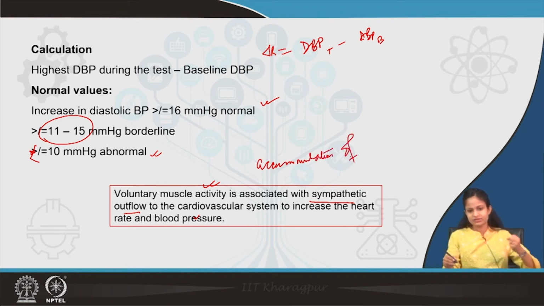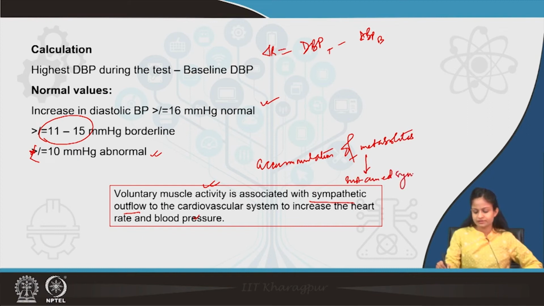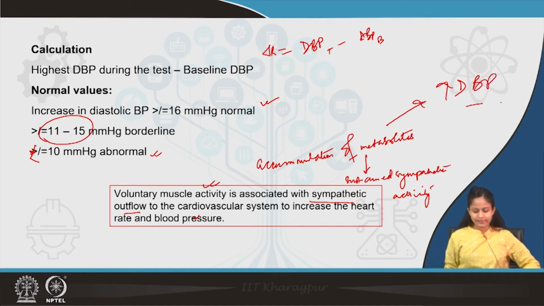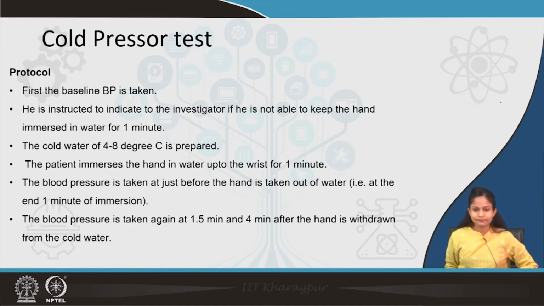Since we are doing isometric exercise, because of this enhanced muscle activity, there is accumulation of various metabolites, which causes sustained sympathetic activity. So, this is causing the rise in the diastolic blood pressure mainly. So, this is all about your hand grip test.